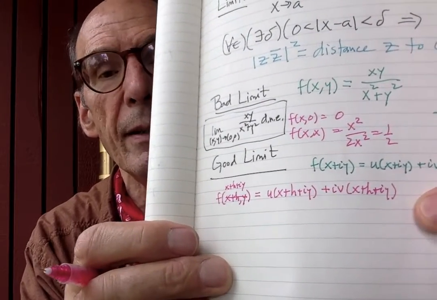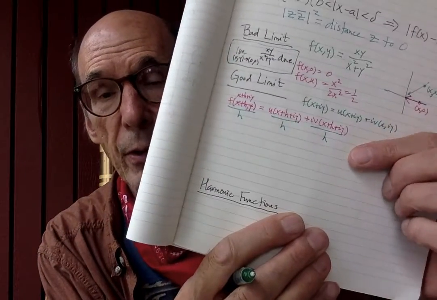Just writing in what we've done to the x variable. And then if we divide that by h, which I am going to do in retrospect, that now is going to be what's going into the difference quotient for the derivative.